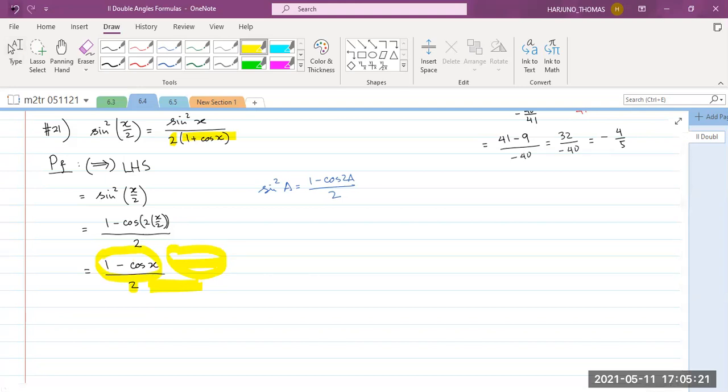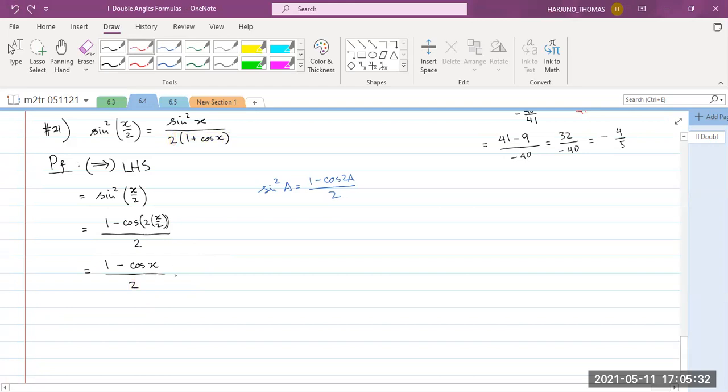Okay, let me show you. So what I will do next is multiply the top and the bottom by 1 plus cosine x. That will give me 1 minus cosine squared x over 2 times 1 plus cosine x.